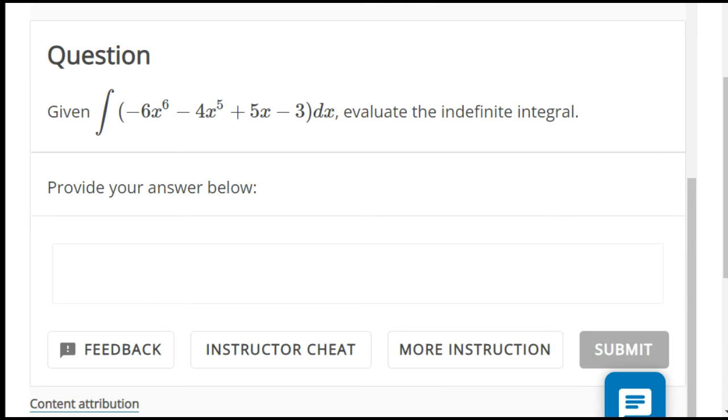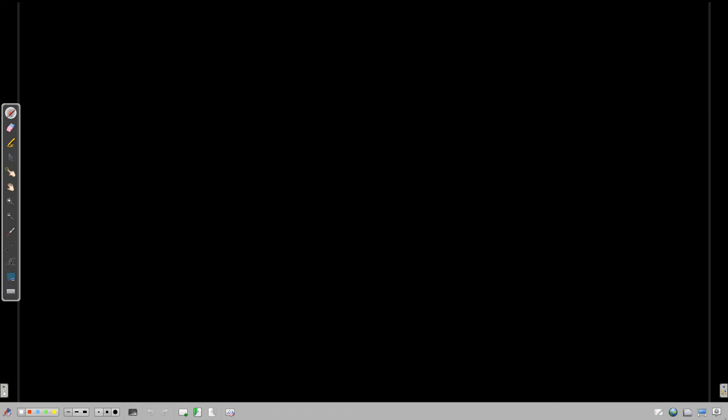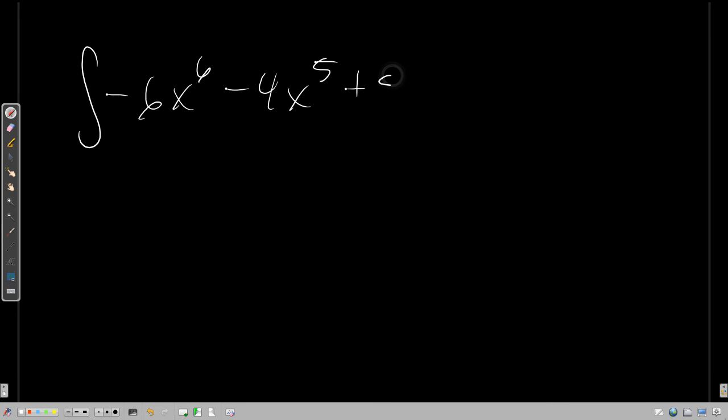Evaluate the indefinite integral. No sweat. It's integral -6x to the 6th minus 4x to the 5th plus 5x minus 3 dx. Just keep all your constants.